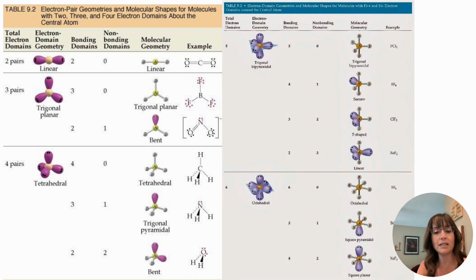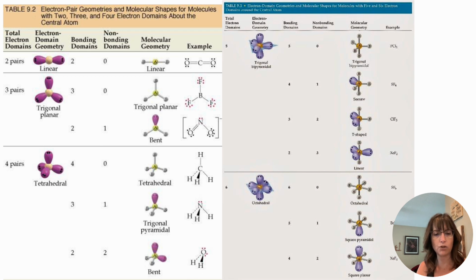And it acts like a balloon of negativity. And what's happening is that balloon of negativity is pushing on those other electrons. So not only does the geometry go from trigonal planar to bent, but the bond angle changes. Initially you have 120 degrees, now you have about 117. It's going to decrease.